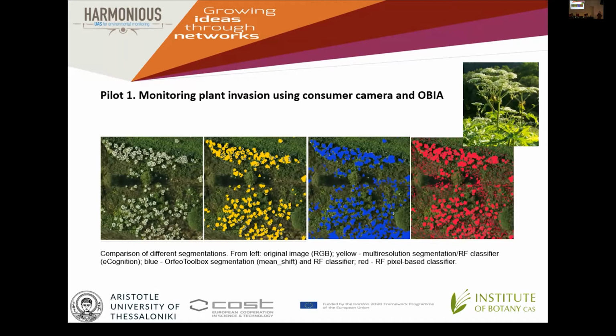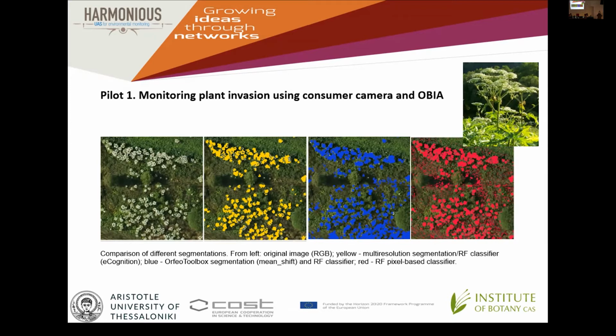In this pilot, we focused on open source software. We wanted to show the potential of open source software, and compared eCognition as a classic commercial software for OBIA with the Orfeo Toolbox classification as an open source option.